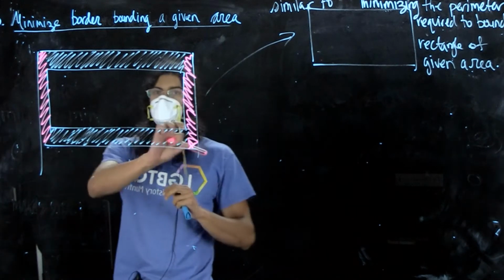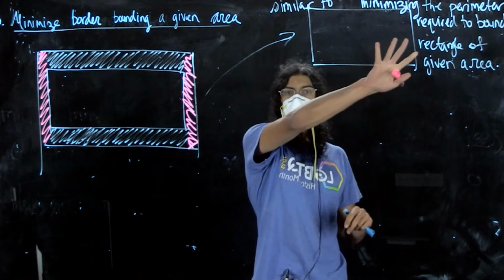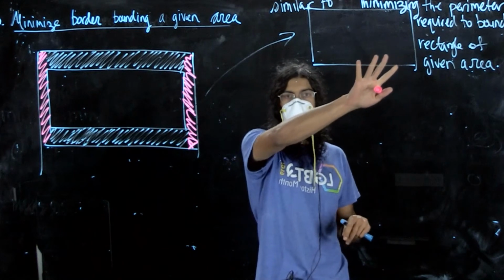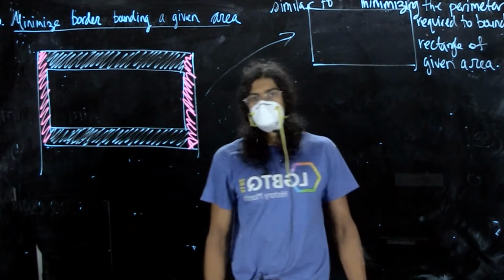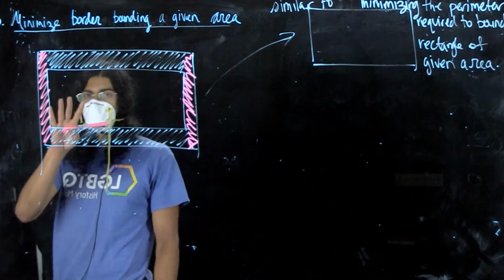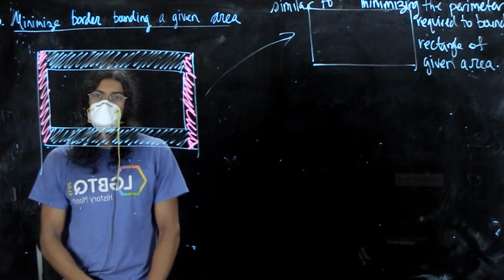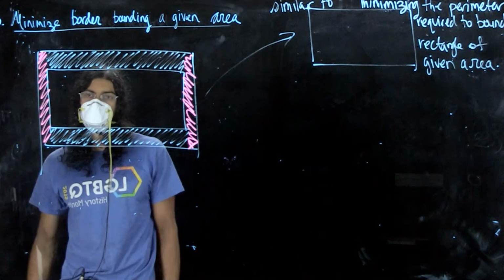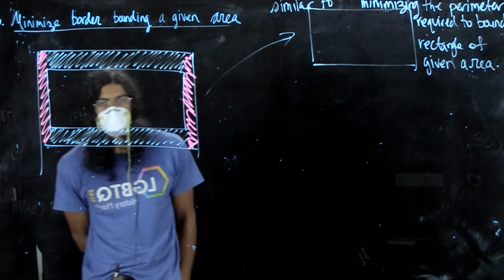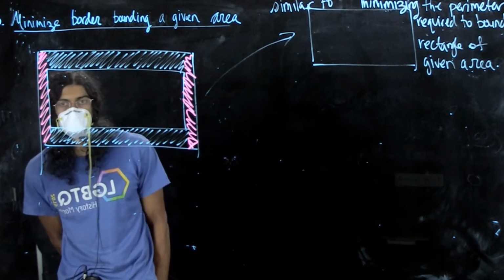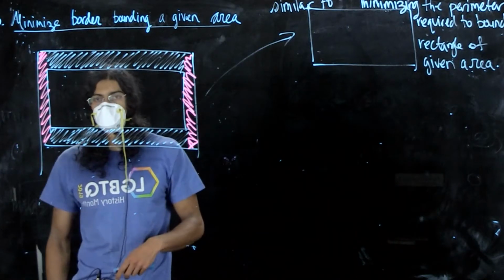This border here is just like a perimeter that I'm minimizing. Here, it's the square that's going to be the most efficient in getting the most amount of area packed in. And over here, similarly, something that's kind of like a square is going to be the shape that's going to be the most efficient in taking up the least amount of border to bound a given area.